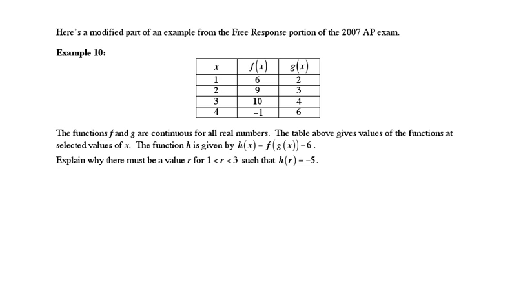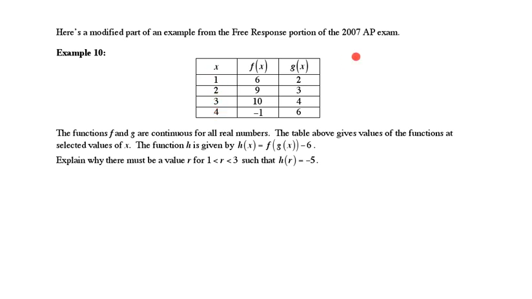So read this question. Example 10 question here. We have a table of values. We have some x values, some function f, and some function g. Before you even start, you should take a look at this graph and try to understand it. Our x values go from 1 to 4.